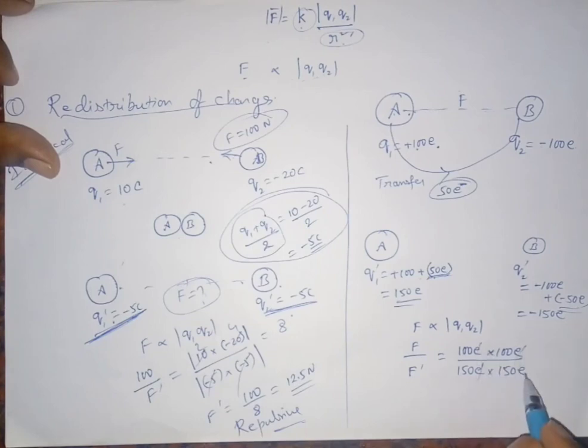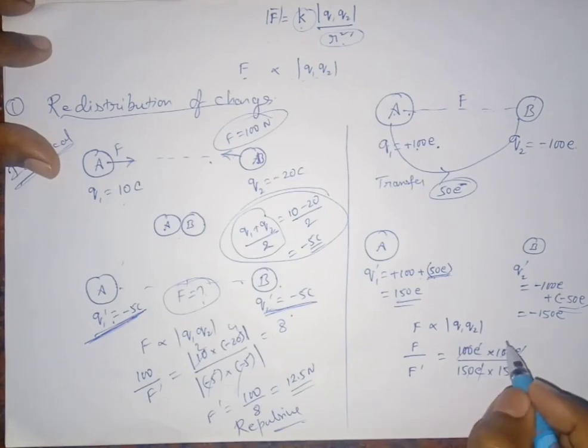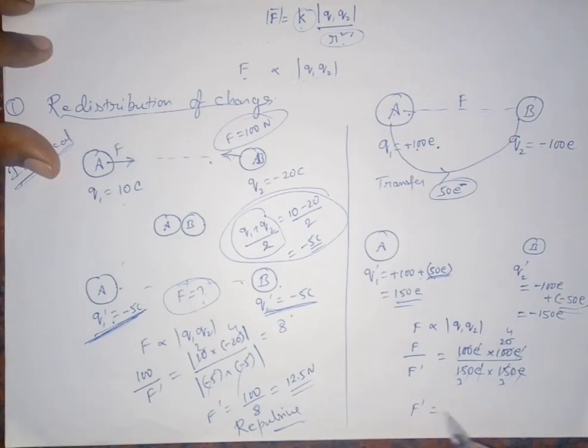So the e's get cancelled and the zeros also get cancelled. So this gets 5 2's 10, 5 3's 15, 5 4's 20. So F dash is equal to 9F by 4.